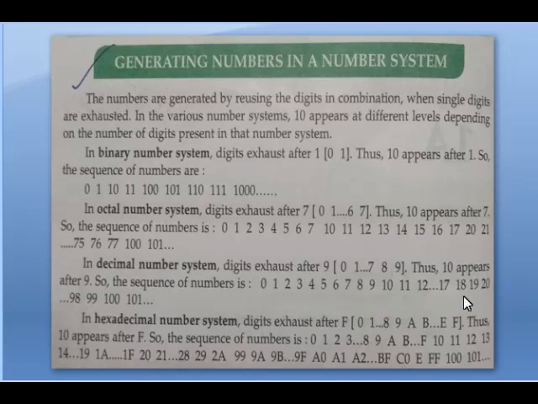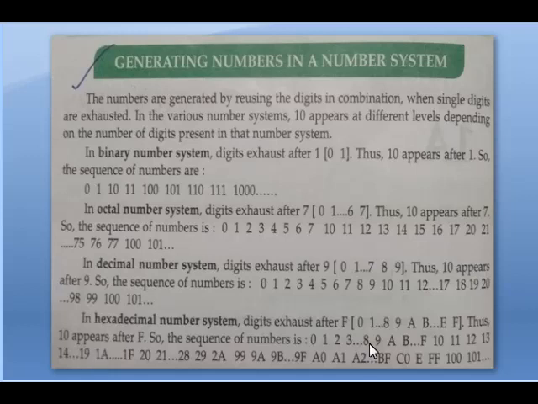The next one is the hexadecimal number system. When the digits exhaust after 9, the next symbols are A, B, C, D, E, F. Thus, 10 appears after F. So the sequence of the numbers is like this: 0, 1, 2, 3, 4, 5, 6, 7, 8, 9, then A, B, C, D, E, F. In the decimal system, after 9 it is 10, 11, 12, like this.